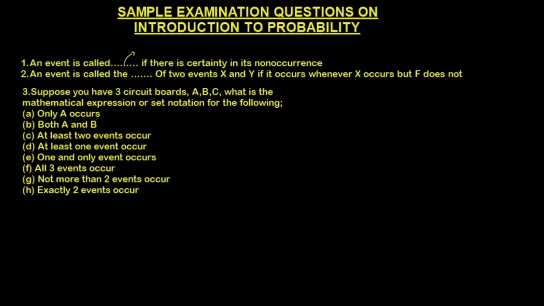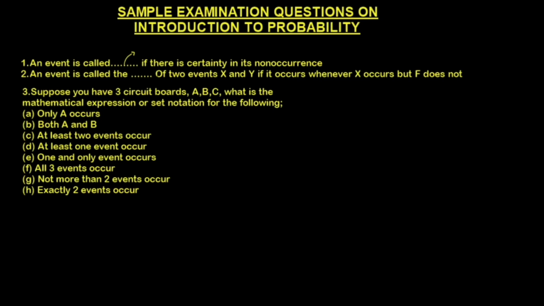And with number 2: an event is called dash of two events X and Y if it occurs whenever X occurs but Y does not. I guess you know this, right? This is the difference.